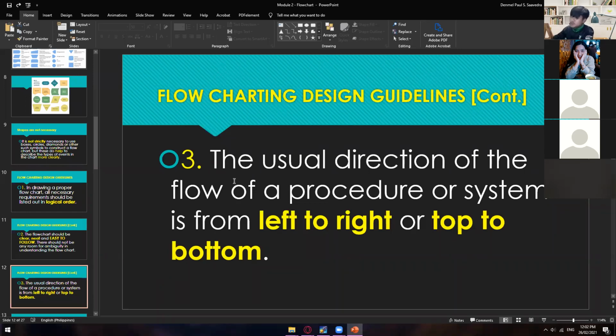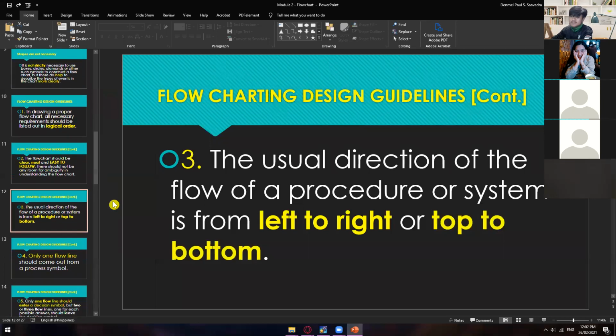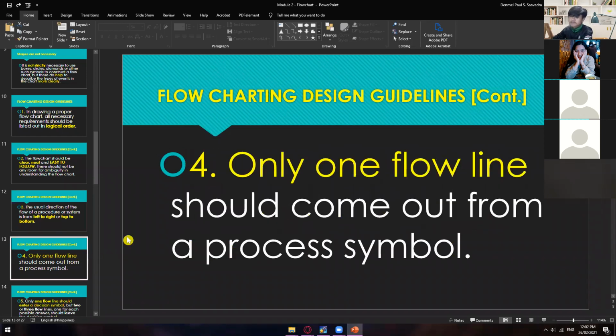Next one here is the usual direction of the flowchart, or the flow of procedure or system, is from left to right or top to bottom. Just like what I mentioned a while ago, it must be from left to right only or top to bottom. In that case, it's easier for the user or customer to read your flowchart.